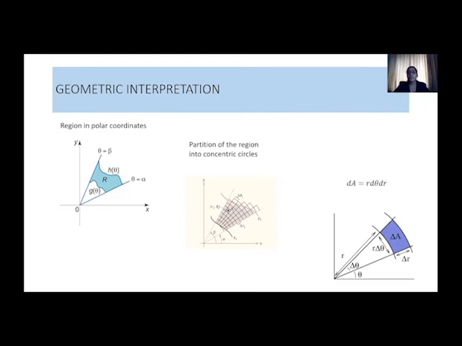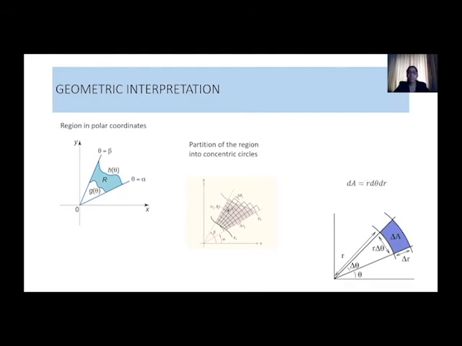What we must keep in mind is that the dA in the double integral over R of f of x y dA, which in rectangular coordinates we replace by dx dy, will in polar coordinates be equal to r into d theta into dr.